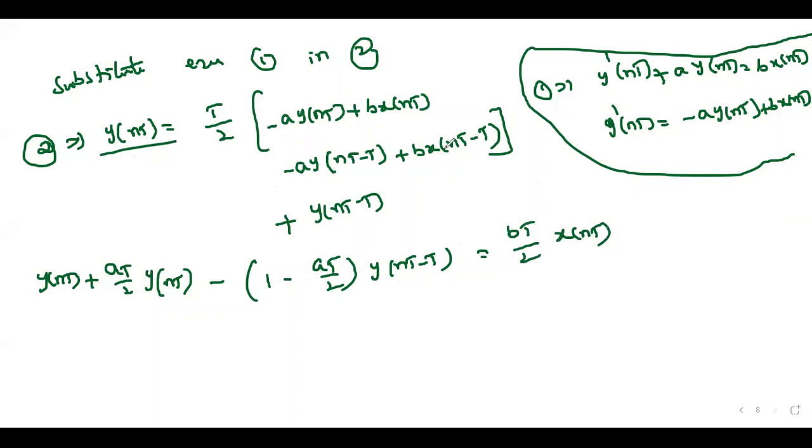And the second term is x of nt minus t with the coefficient b again. So again this is the same coefficient bt by 2 only. So it is x of nt minus t. Okay. Right. Now we have this total equation in the discrete domain. Now take the Z transform. Take the Z transform on both sides.